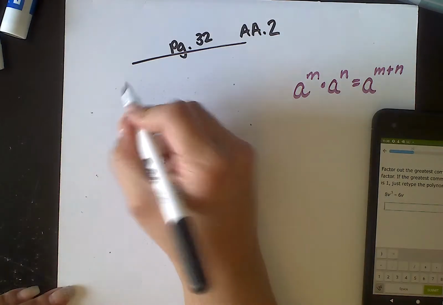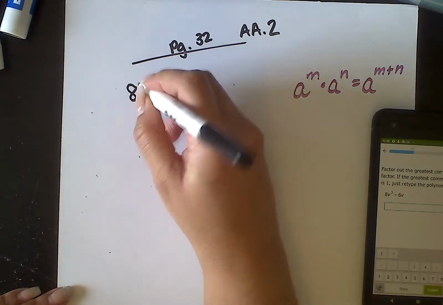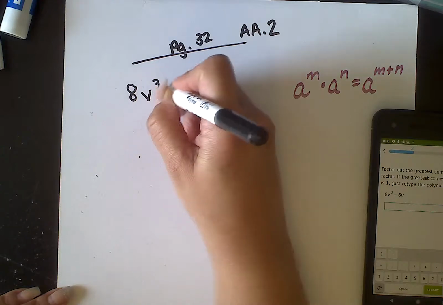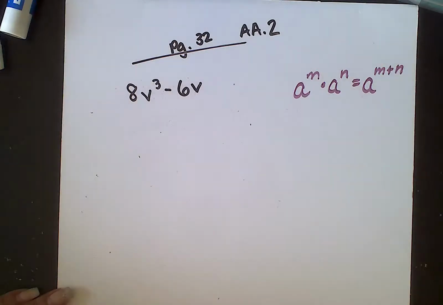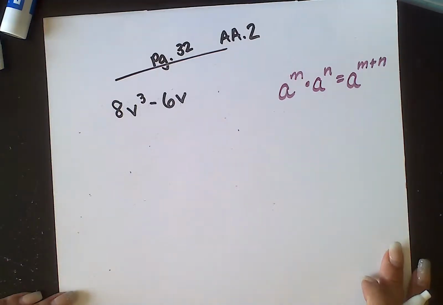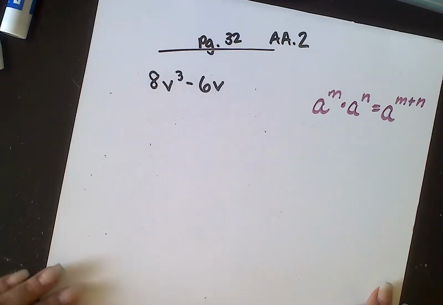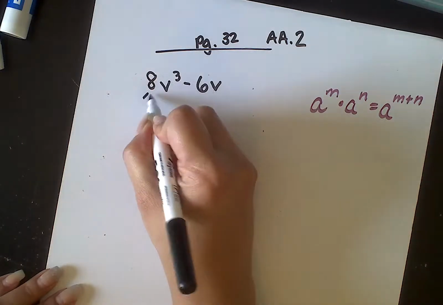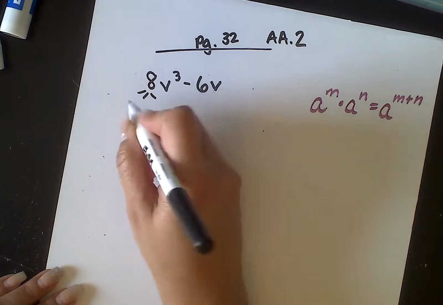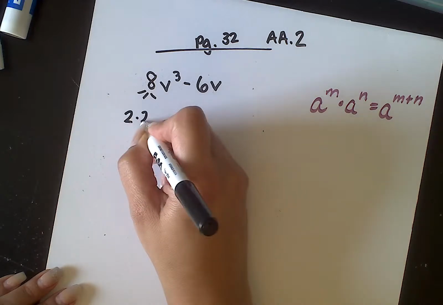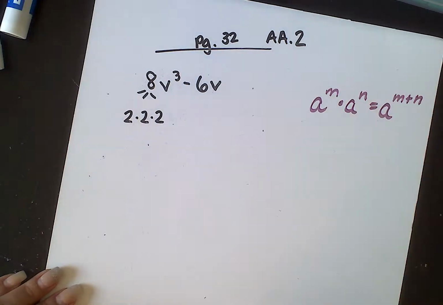But continuing, I have 8v cubed. A lot of these are cubed, so a lot of these are very similar. And then 6v. So again, let's go ahead and break down that composite number into something, like, I know that that's the same as 2 times 2 times 2, right?